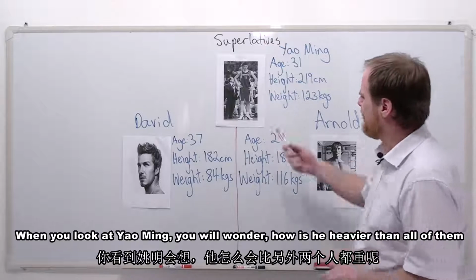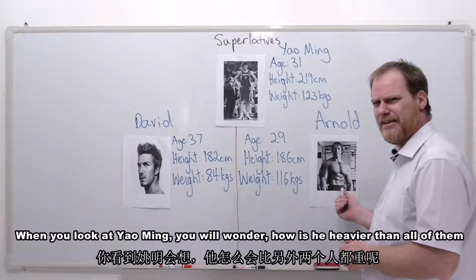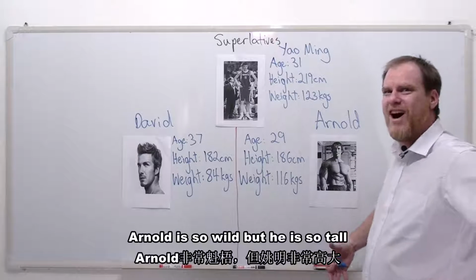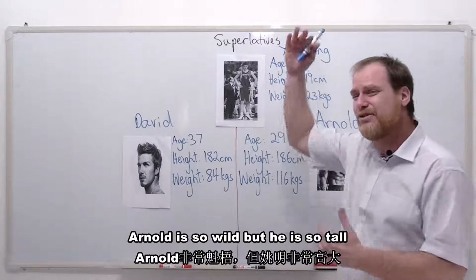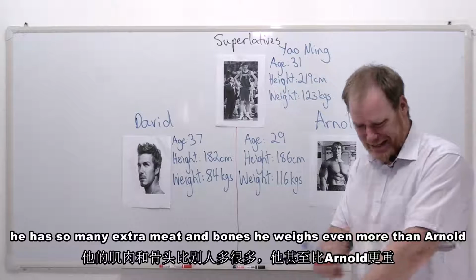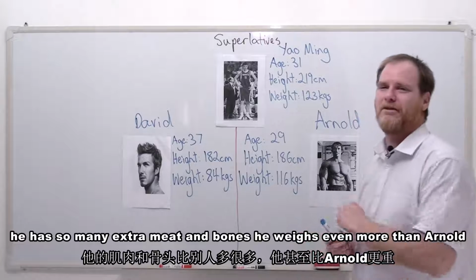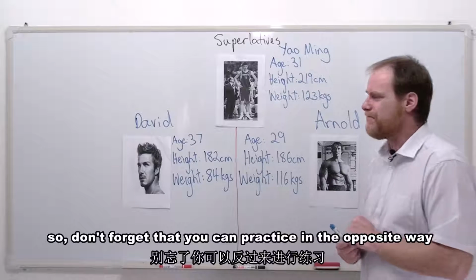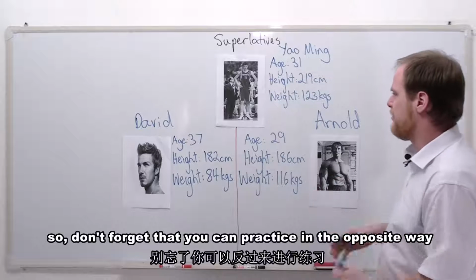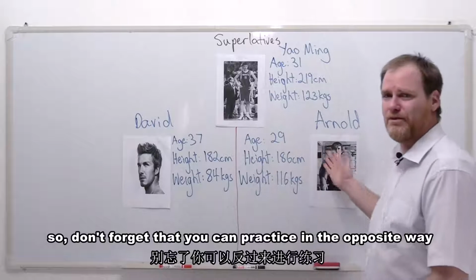And you might look at Yao Ming and wonder, how is he heavier than Arnold when Arnold is so wide? But he is so tall. He has so much extra meat and bones that he weighs even more than Arnold. Okay? So don't forget that you can practice doing it the opposite way.